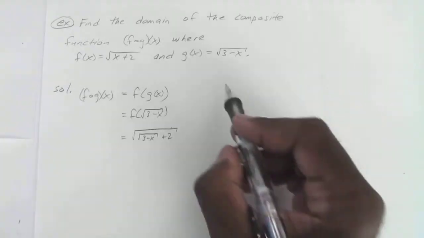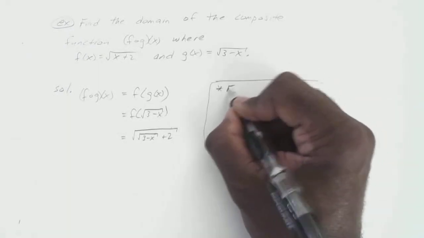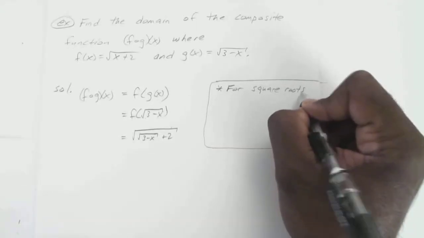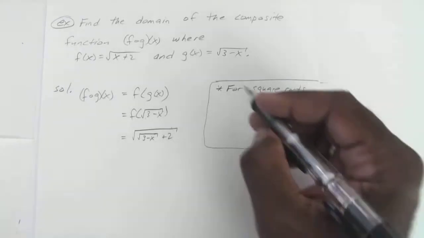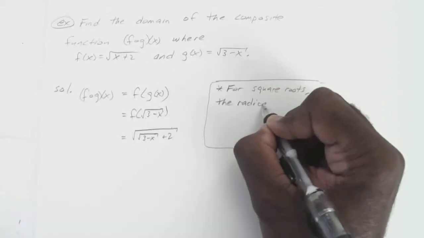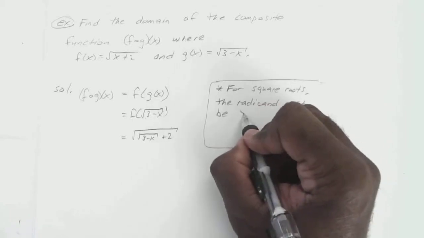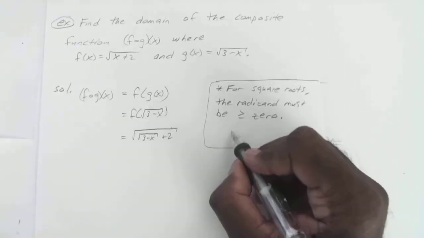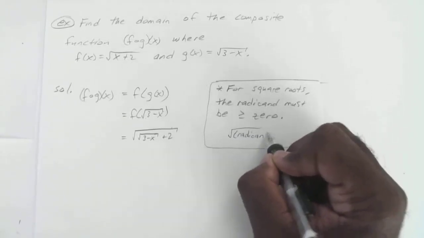Okay. Now remember, for square roots, the radicand has to be greater than or equal to 0. You have the square root, and the number underneath is your radicand.